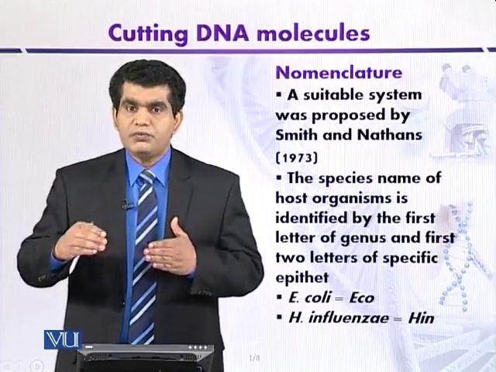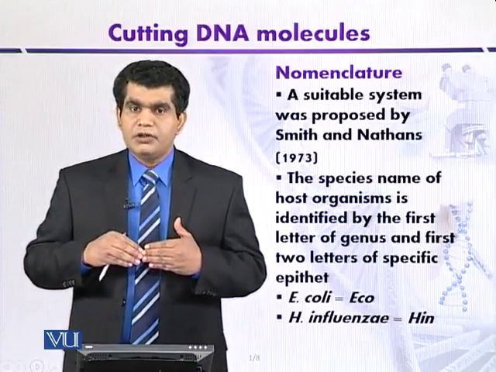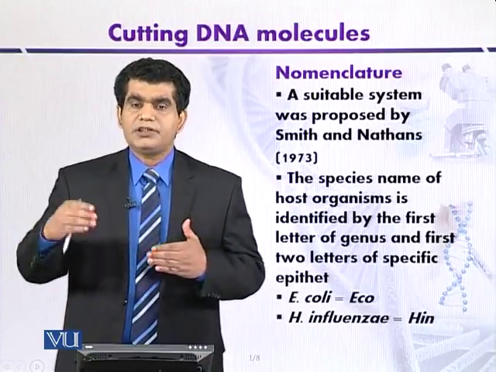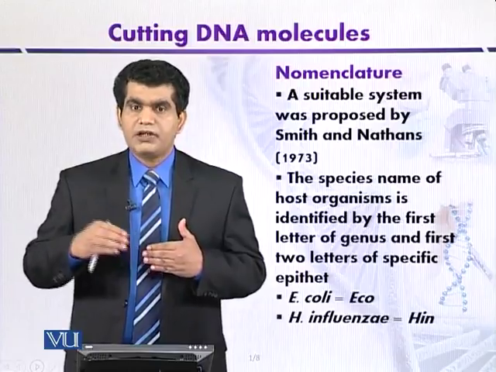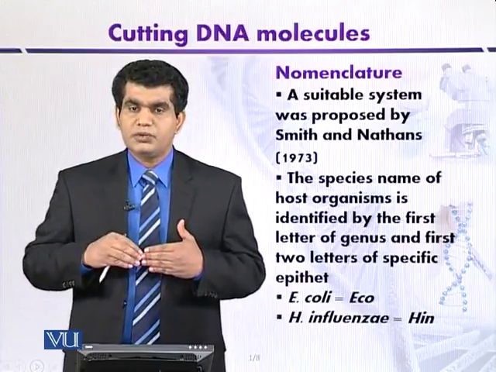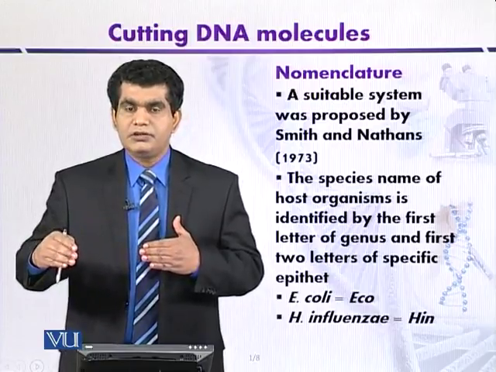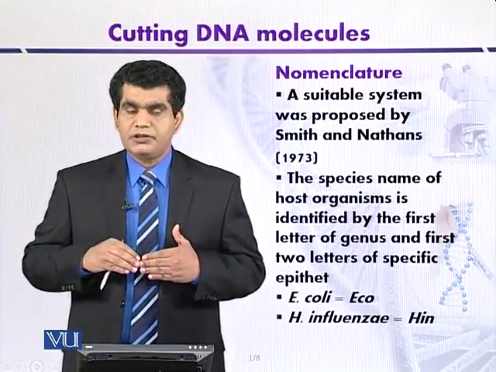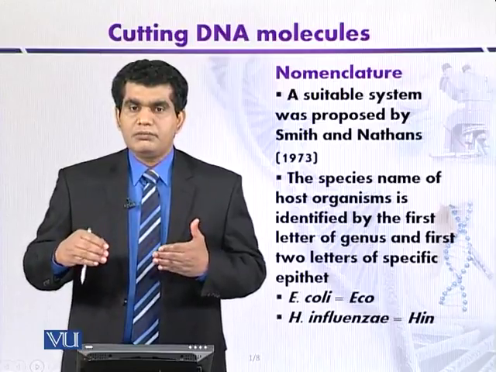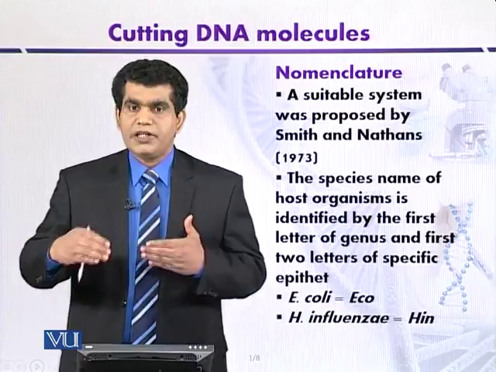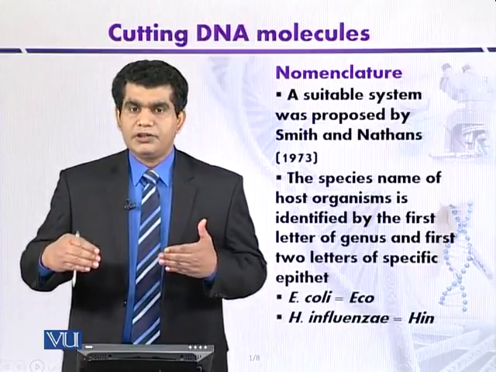The next two letters will be selected from the specific epithet, the second name of the species, like coli, so CO. So the name will become ECO. ECO means that the restriction enzyme has been isolated from Escherichia coli.